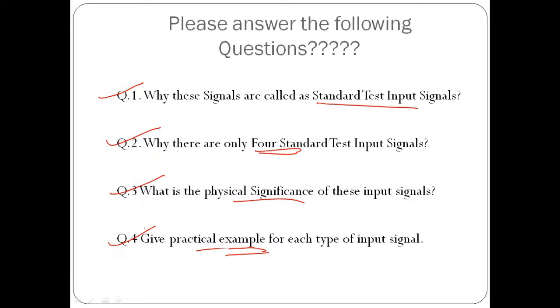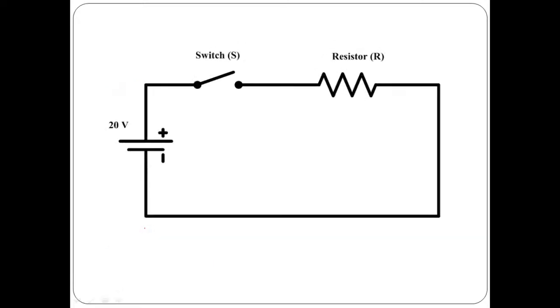Now let us try to understand the answers for these questions one by one. Why are these signals called standard test input signals? Before that, let us consider a system.